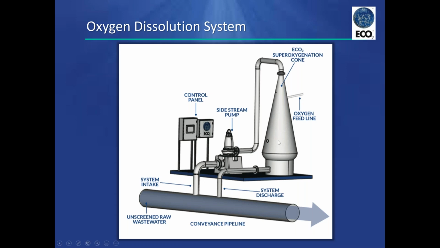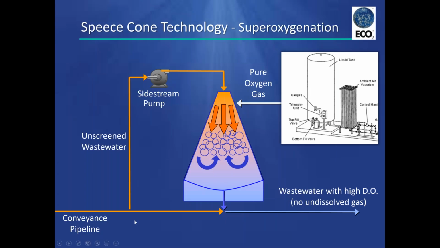So let's take a little bit closer look at what happens in that cone. So we talked about the water coming off of that line, going through a side stream pump, just adding enough pressure to overcome the losses of the system and get back into the pipe. So into this cone, the water is entering at a really high velocity. Picture this cone is full of water.